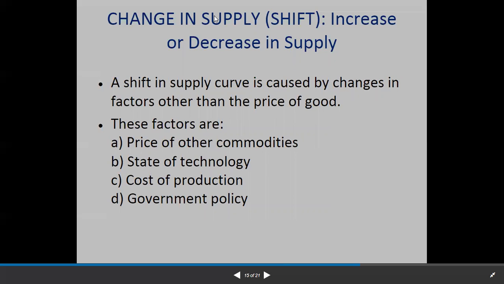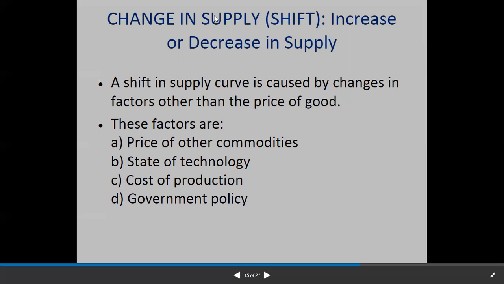For example, an increase in the tax on the commodity will raise the cost of production. With the fall of the profit margin, the producer may decrease its supply. Even though its market price has not changed, such a decrease in supply cannot be represented by the original supply curve. It leads to a shift in the supply curve.